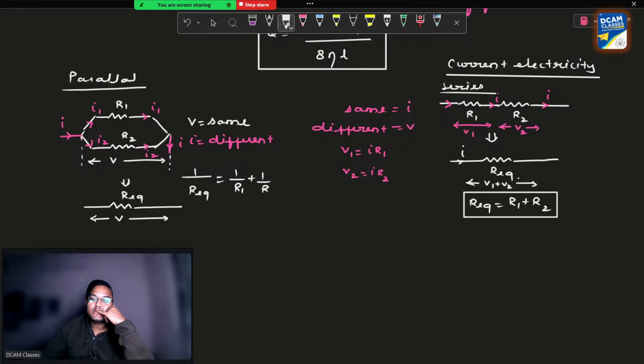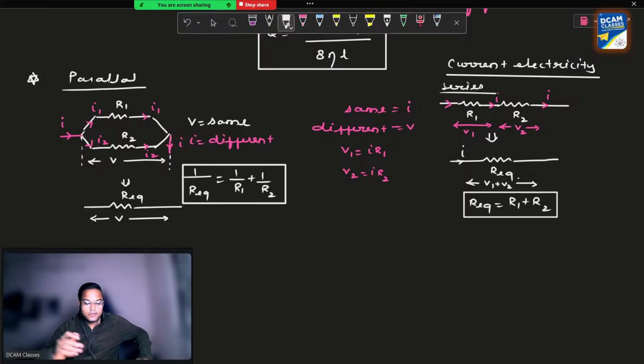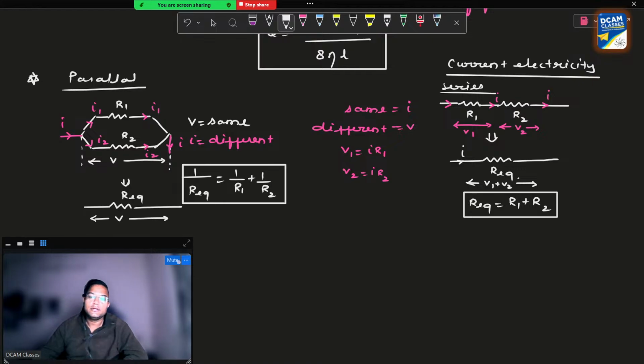There is a derivation also, but I won't teach you that derivation. It's not required right now. Only this thing you need to remember about parallel and series, current electricity. This you remember or not? Yes, sir. This much I remember. Good, very good.